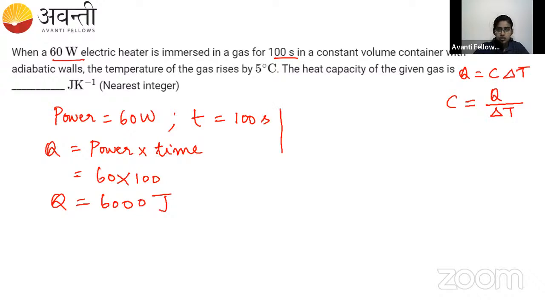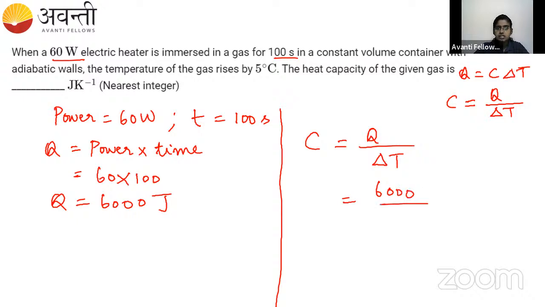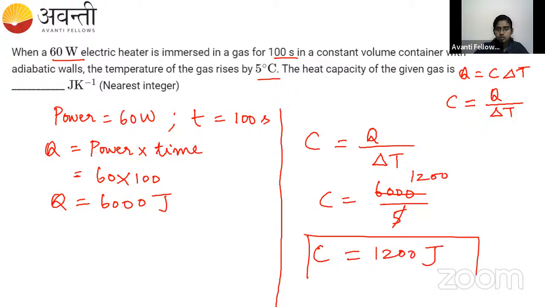Now substitute this Q value in this relation. C is equal to Q by delta T. It will be 6000, and the change in temperature is 5. It rises by 5 degrees Celsius. So it will be 5. So when we solve this, the C value is equal to 1200 joule.